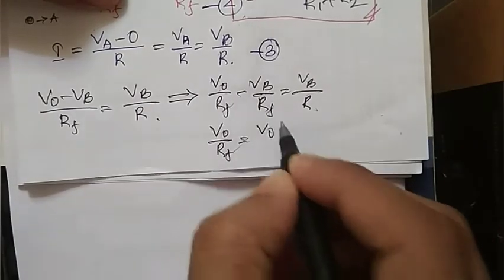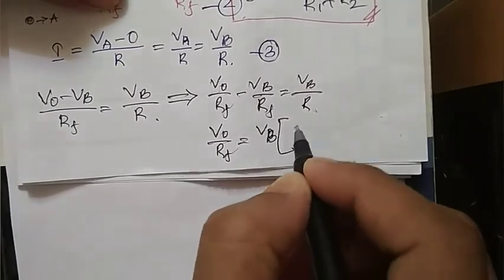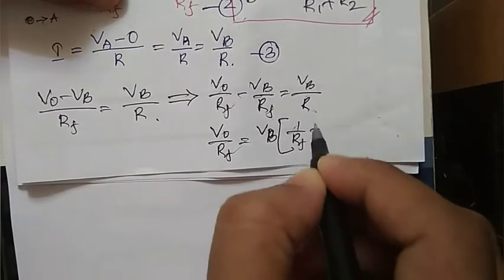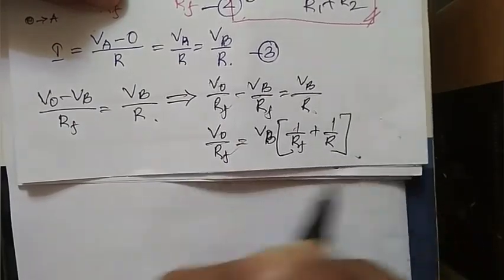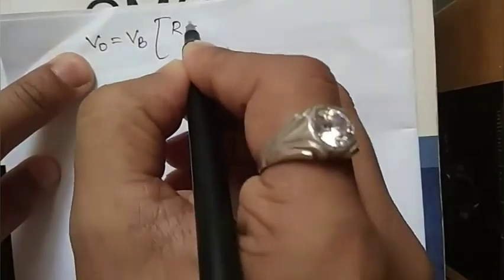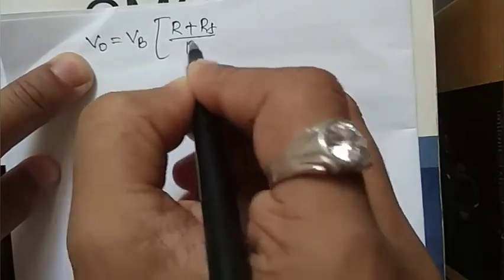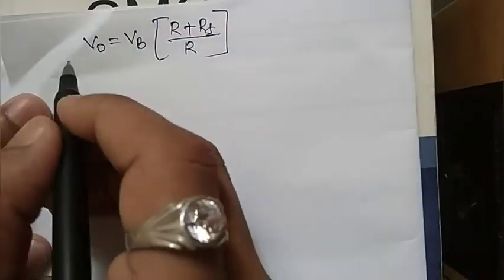So taking the common VB, 1 by RF plus 1 by R. After rearranging, we got V0 equals VB times (R plus RF) by R. So you just simplify that. If you have any queries, you can ask me.